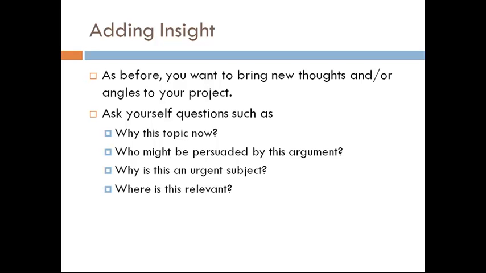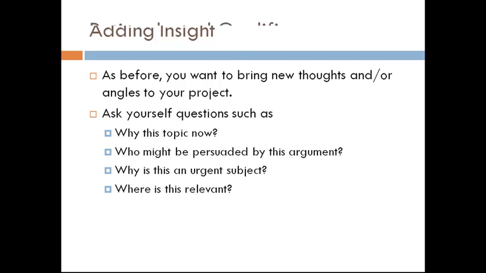Why is this important, and why might your instructor or your audience need to consider this right now? Who might be persuaded by this argument? Why is this an urgent subject? Why is this matter something that needs to be considered at this moment? And where is this relevant? What specific area, location, subject matter, or even geography?